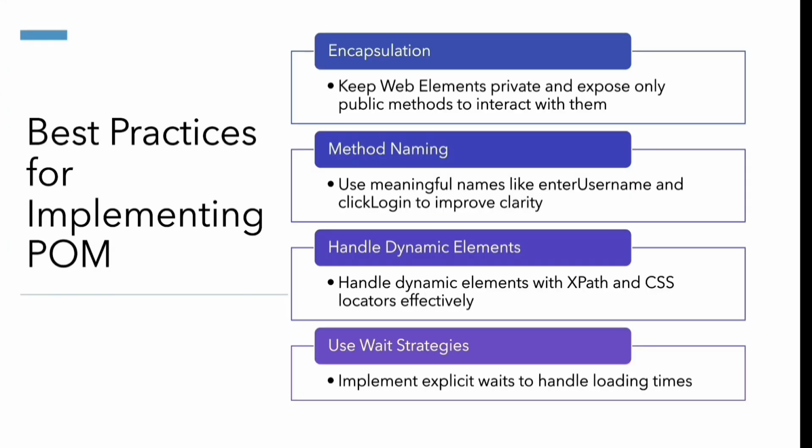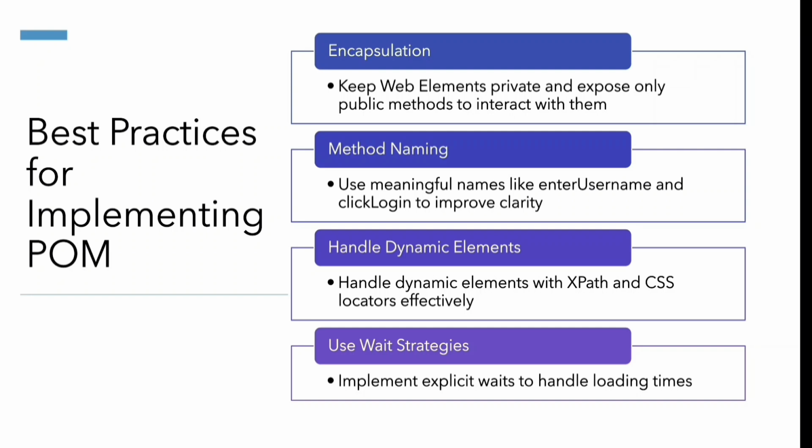Now we have some best practices for implementing the POM structure inside our pages. The first is encapsulation, which is nothing but encapsulating all our web elements as private, and we only expose public methods for interacting with them.